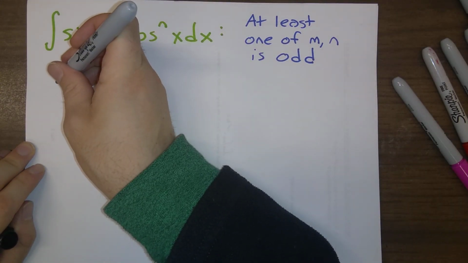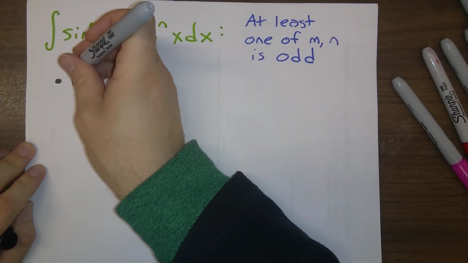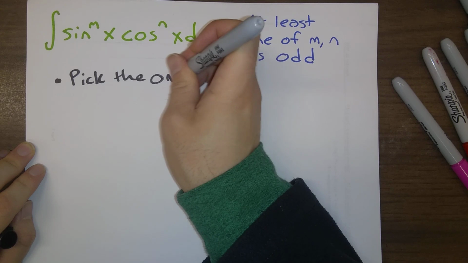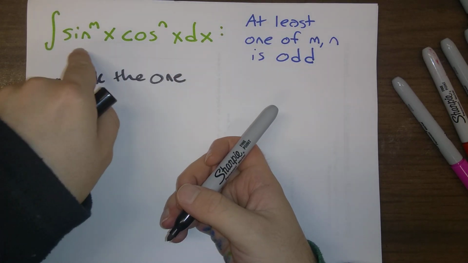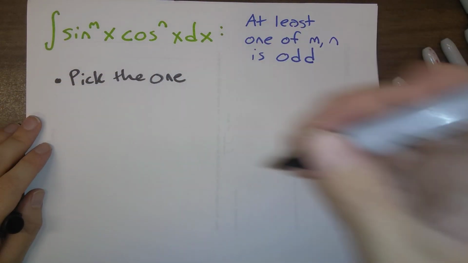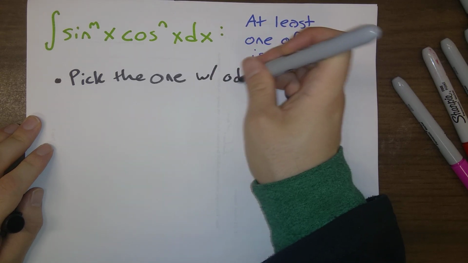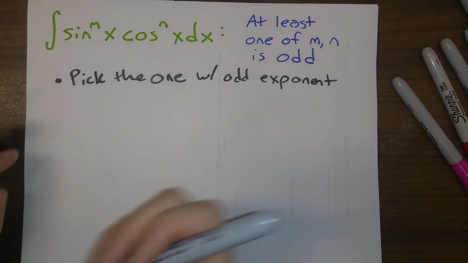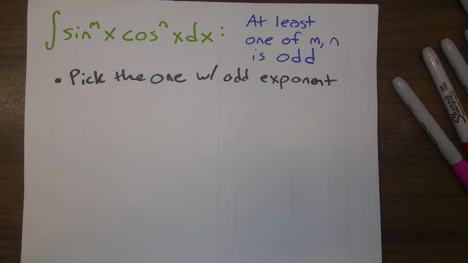So here's the outline for how to do it. Pick the one, and what I mean by that is either sine x or cosine x with an odd exponent. If they both are odd, say we have sine to the 5th x times cosine cubed x, you can pick either one.